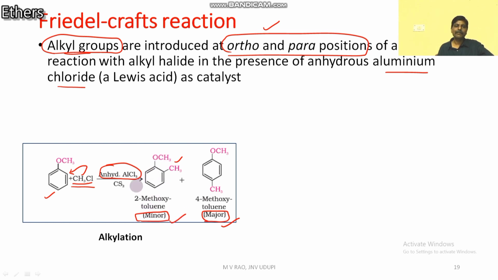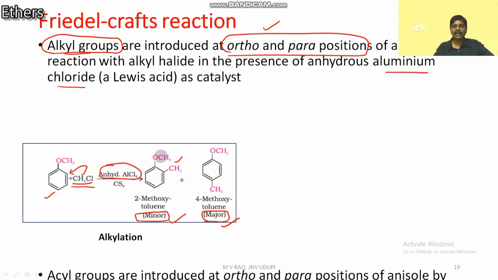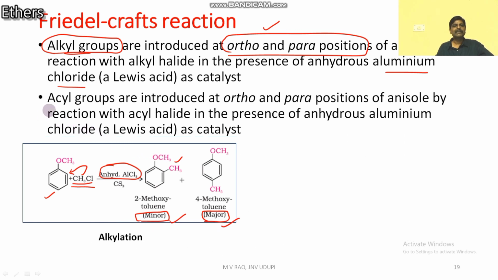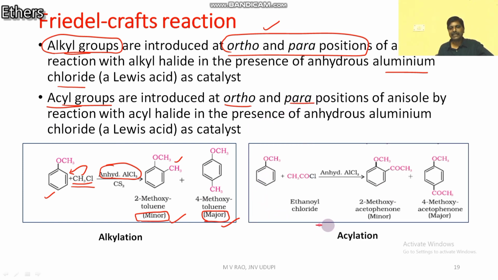Acyl groups also go at ortho and para in Friedel-Crafts acylation.